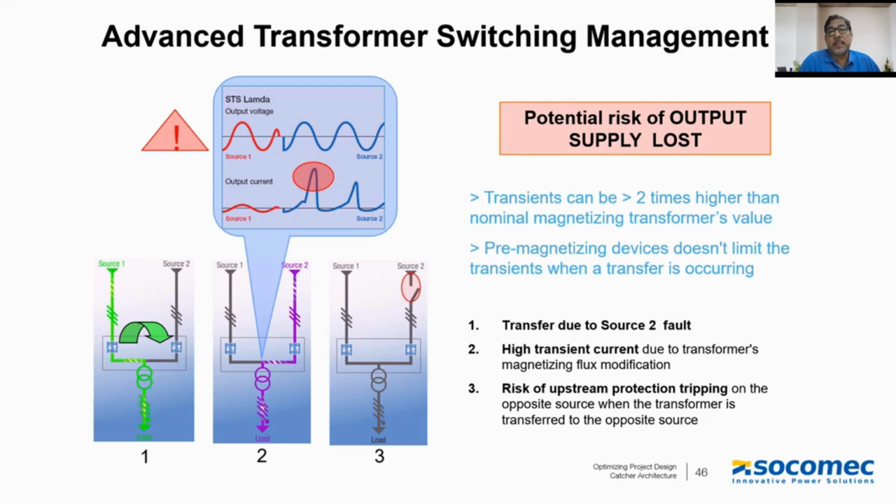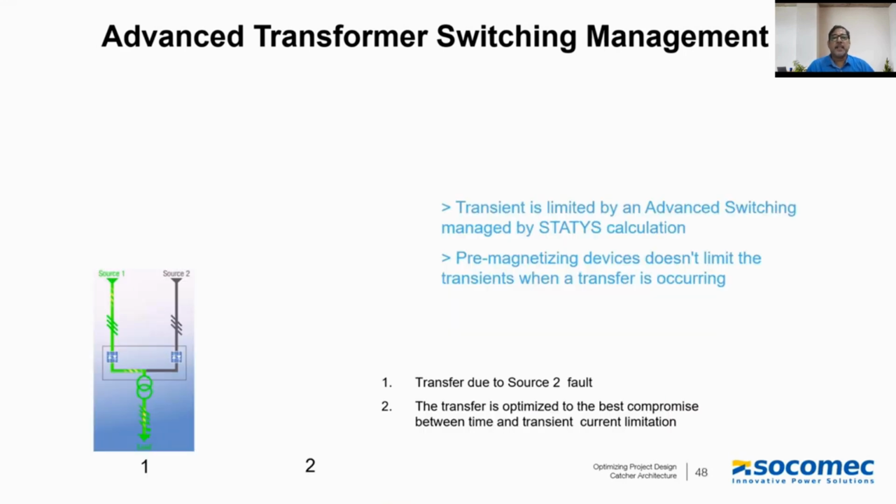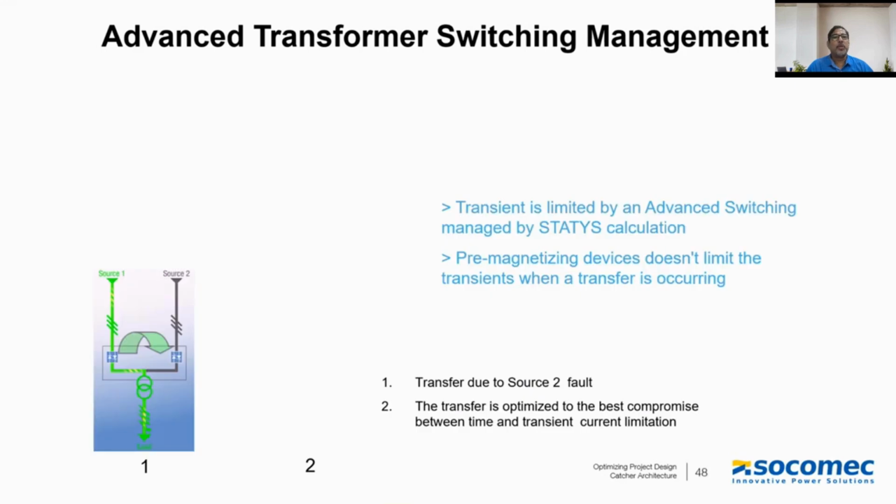Now, STS has to have this ATSM feature to mitigate this condition, as you can see in the expanded waveform, where the inrush current can appear during the changeover from source 1 to source 2.